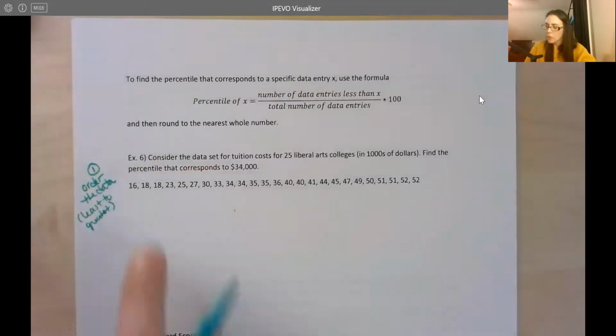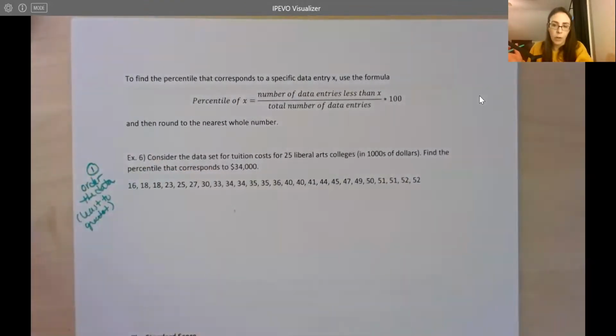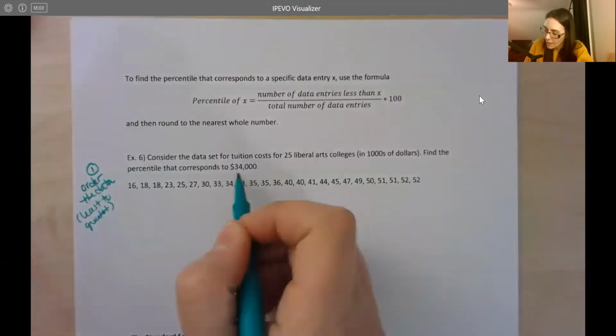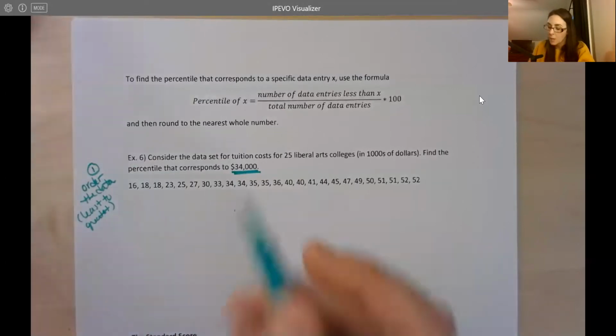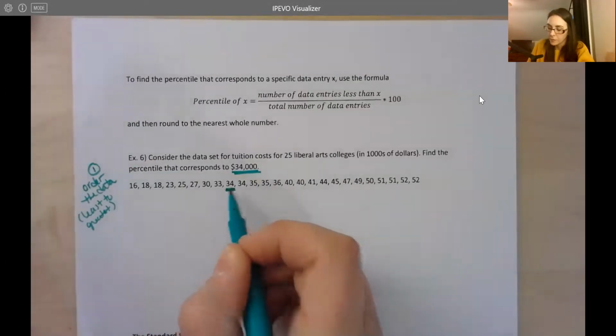Okay. So I do have a data set here that's already been ordered, again, to save us some time. So consider the data set for tuition costs for 25 liberal arts colleges. These values are in thousands of dollars. And we're going to find the percentile that corresponds to specifically the data point 34,000. Now I have two data points that are 34,000, but I'm going to use the first one.